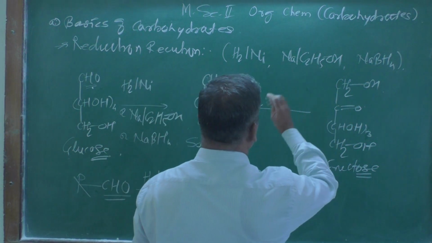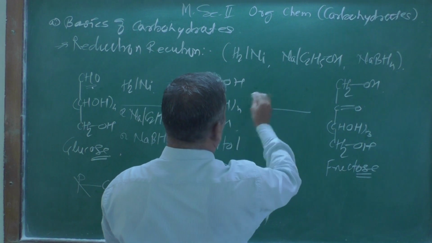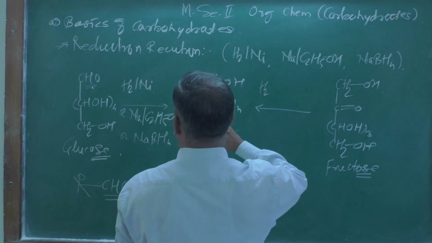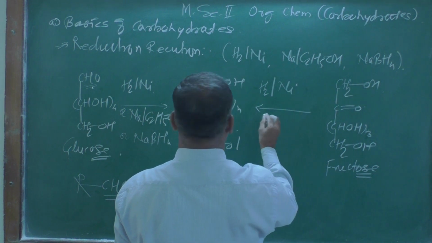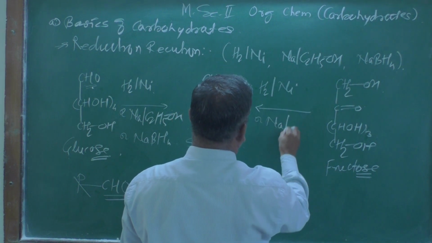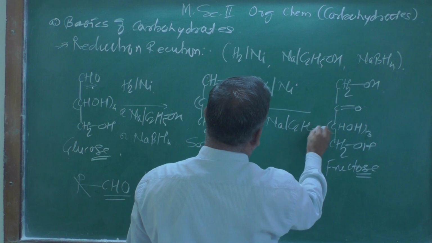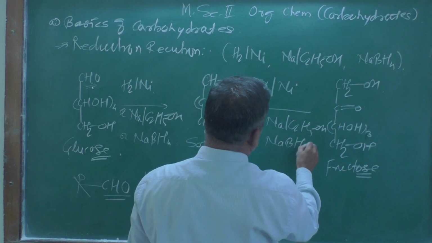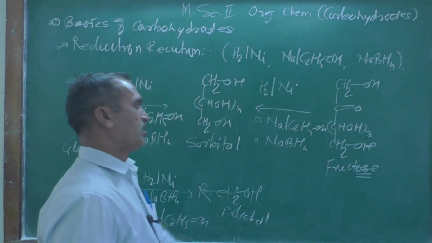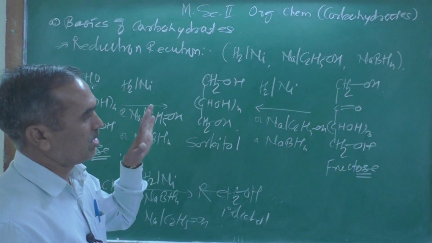Now when this compound is treated with the same reducing reagents, H2 in the presence of nickel, or sodium in the presence of ethanol, or NaBH4 in the presence of ether, these are the reducing reagents.